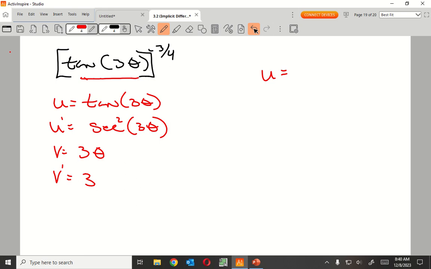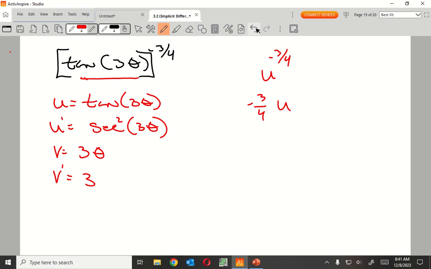Oh, not u is. u raised to the negative 3 over 4. So let's take the derivative of my u now. So I start by building it. I got to my smallest part in all the insides, and now I'm on to the outside. So the derivative of u to the negative 3 over 4 is negative 3 over 4 u to the -7/4. -7/4, right?